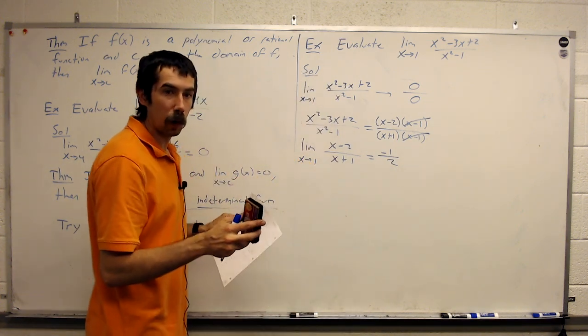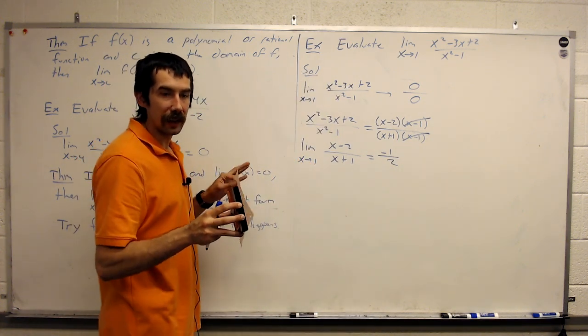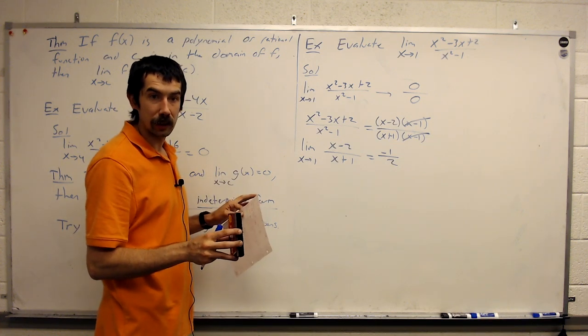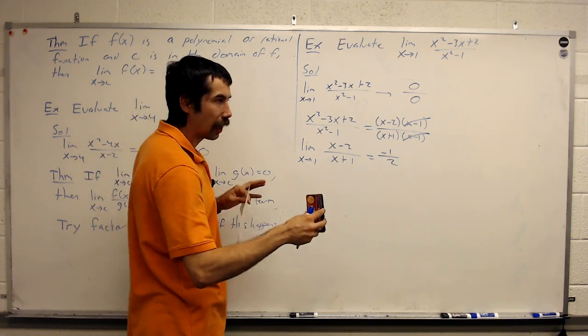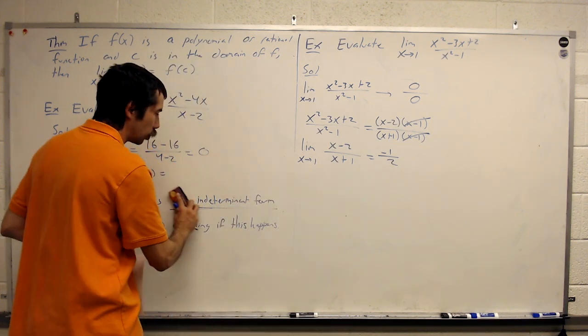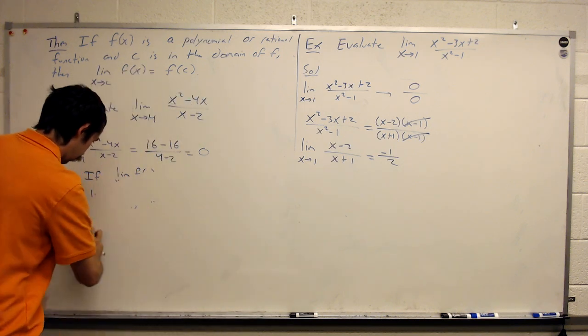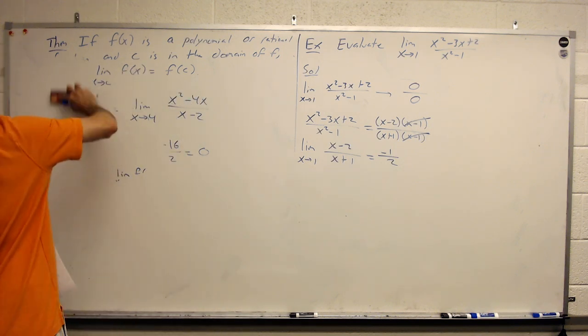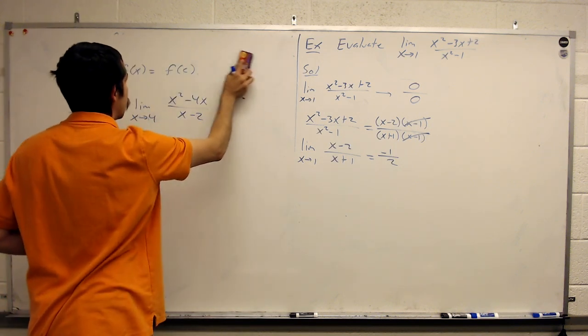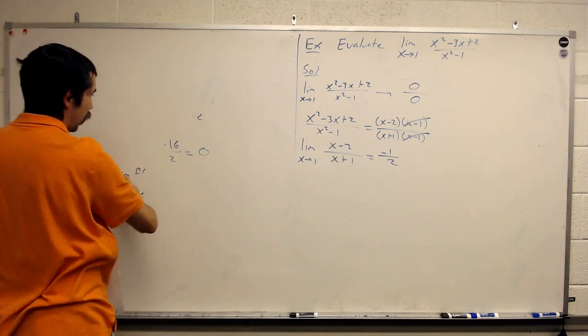Okay, I want to do one more example looking at limits of piecewise functions. Because with piecewise functions, how do you just plug the number in? It's a little bit trickier. All right, so let's take a look at a piecewise defined function.